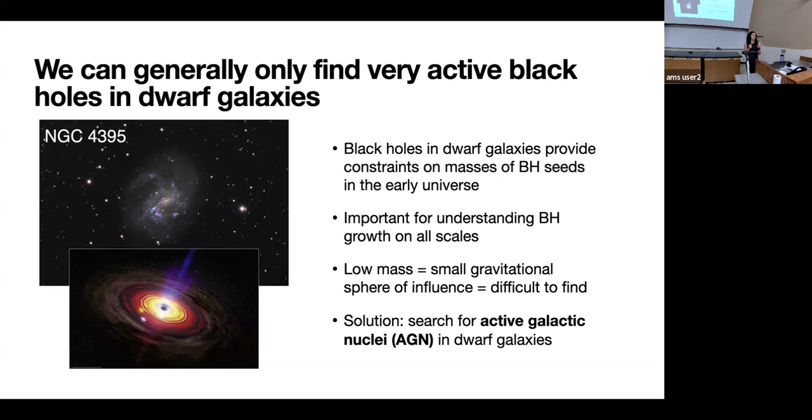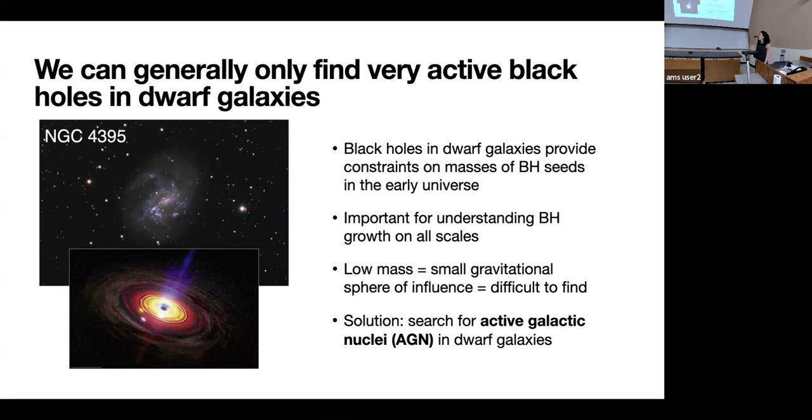So they have much smaller gravitational spheres of influence, which means that they're harder to find. And so we can generally only find very active black holes in dwarf galaxies if we want to build up population statistics. We need to search for signatures of what we call active galactic nuclei, which are just black holes that are accreting material or eating at a very fast rate.